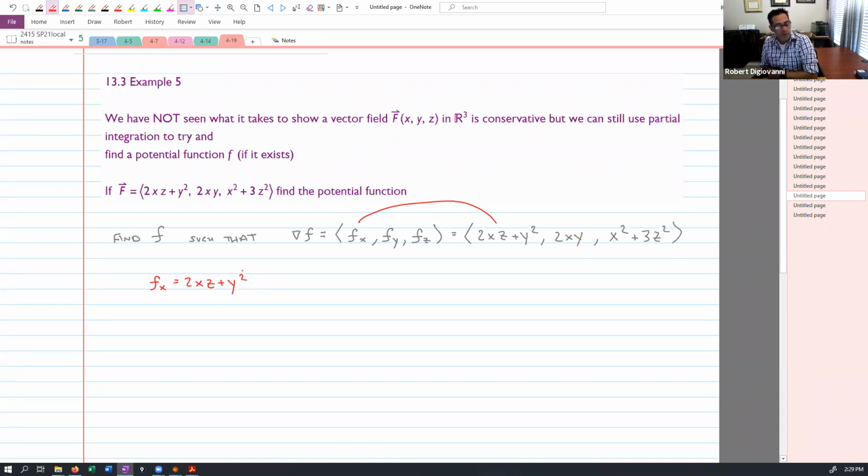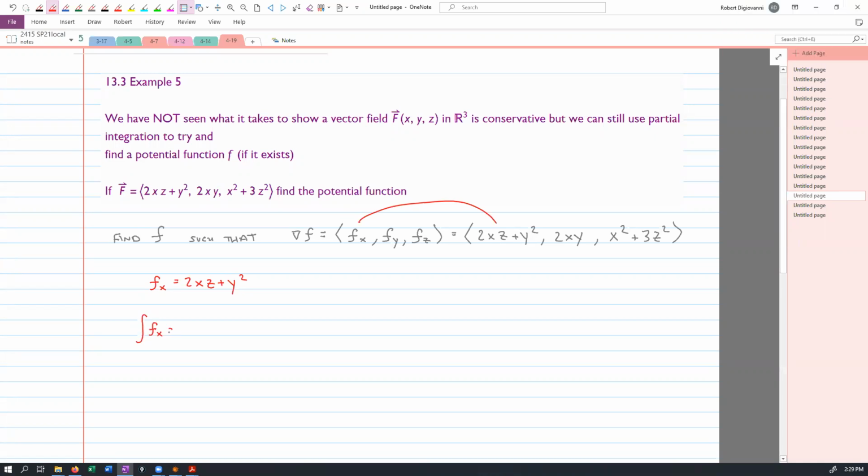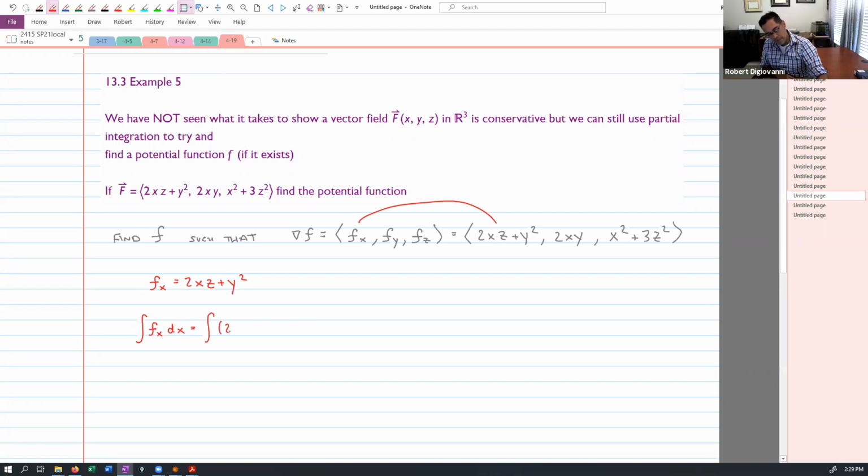To get little f, what do I do? Integrate. So I'm integrating with respect to what here? X. Do that on both sides.